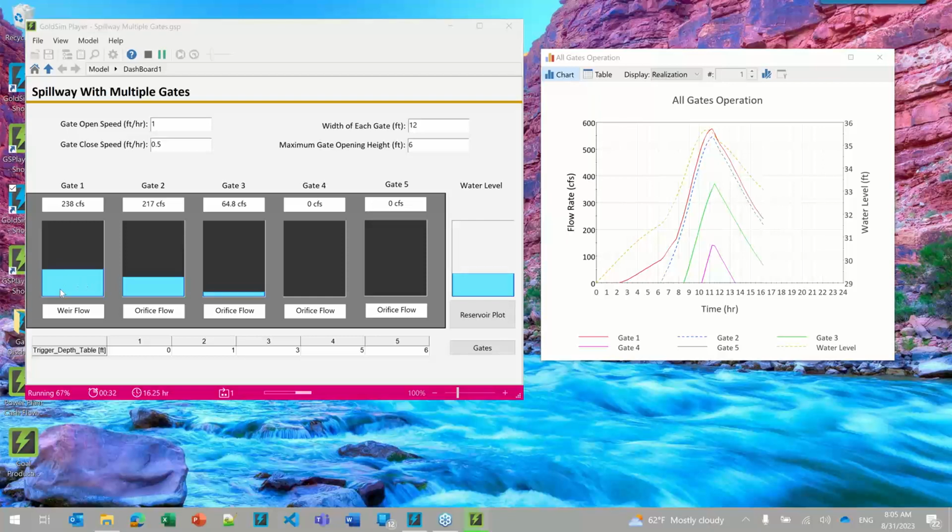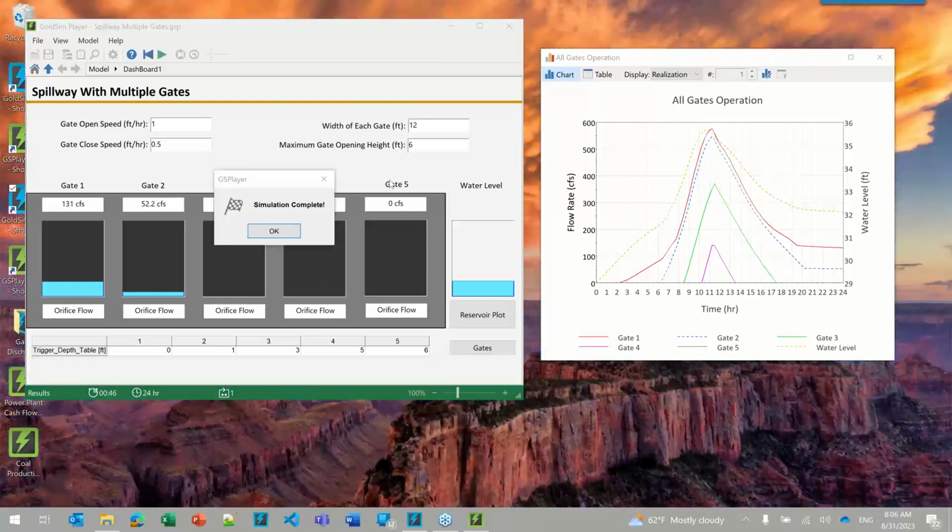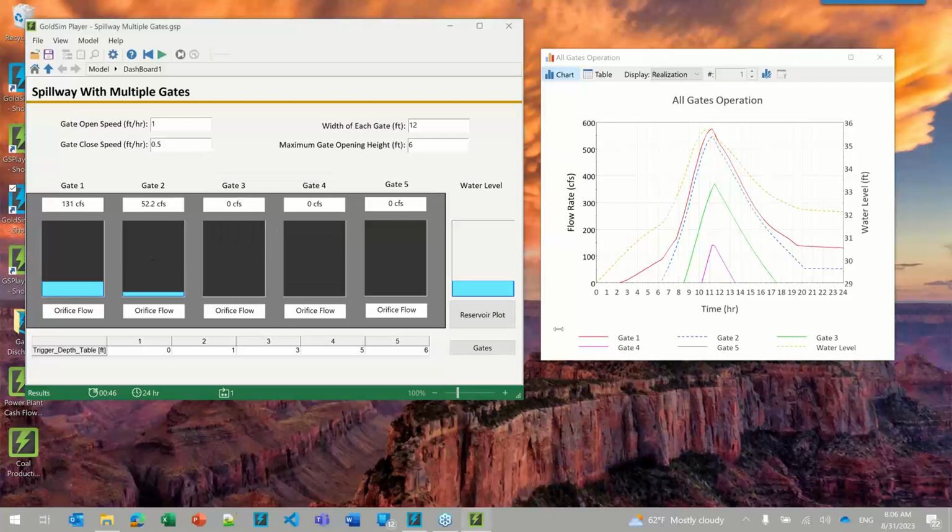Realistically, there would be a third color, which would be white, showing that there are times when this is shown as weir flow, that there would be a gap, a little white area, indicating that the gate is not submerged. So I know visually it looks like the gate's always submerged, but it's not. But anyway, that ran through time. You saw the gates opening and closing.